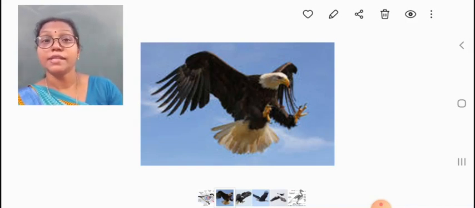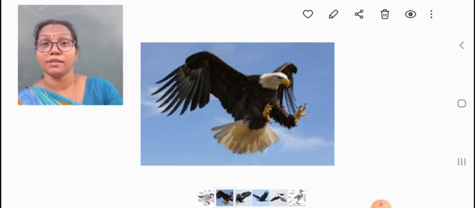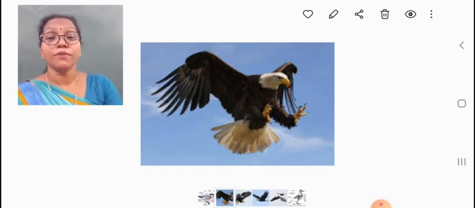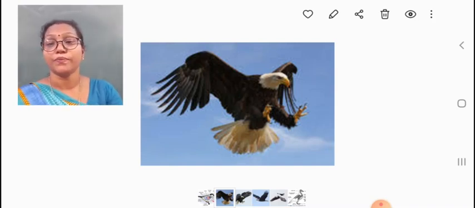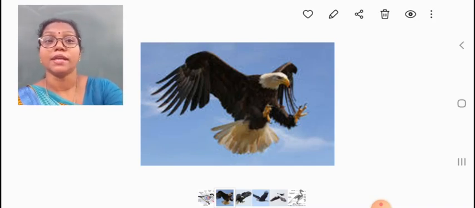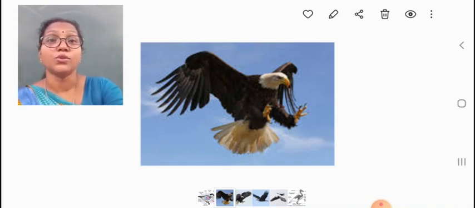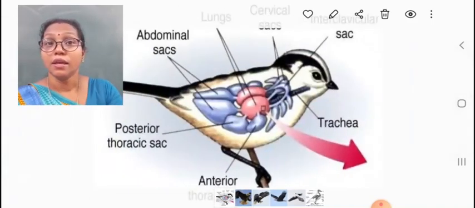The feathers are closely, compactly arranged so that the air pushing from below cannot pass through the wings. So children, that is about the structure of wings that helps the bird to fly. The tail of a bird helps it to change direction and also to land on the ground.